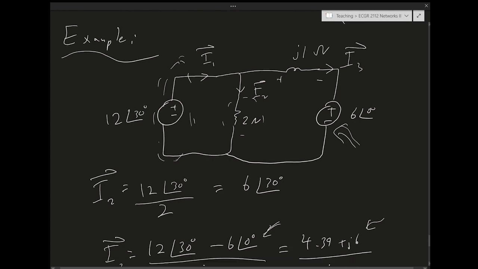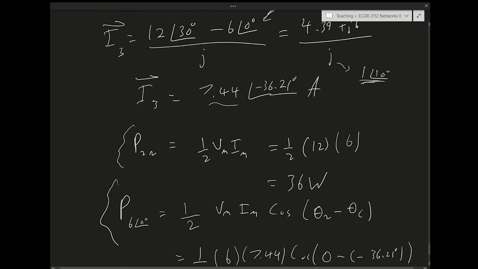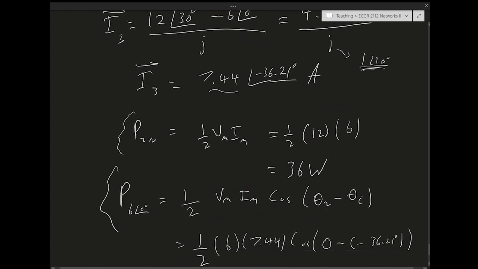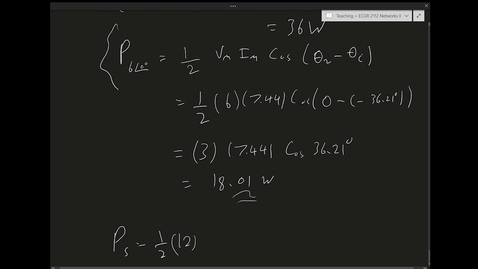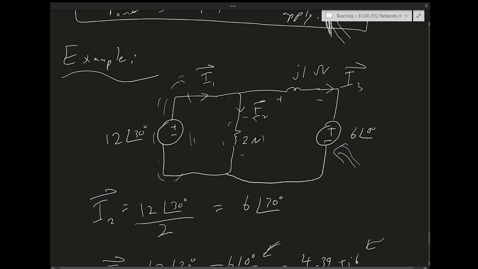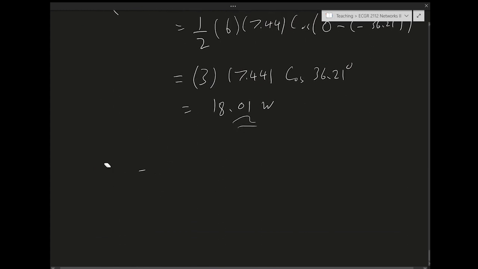So power supplied is just half VM. VM is 12 volts. I need to find I total. I total is I1, which is I2 plus I3. So I need to calculate that first.